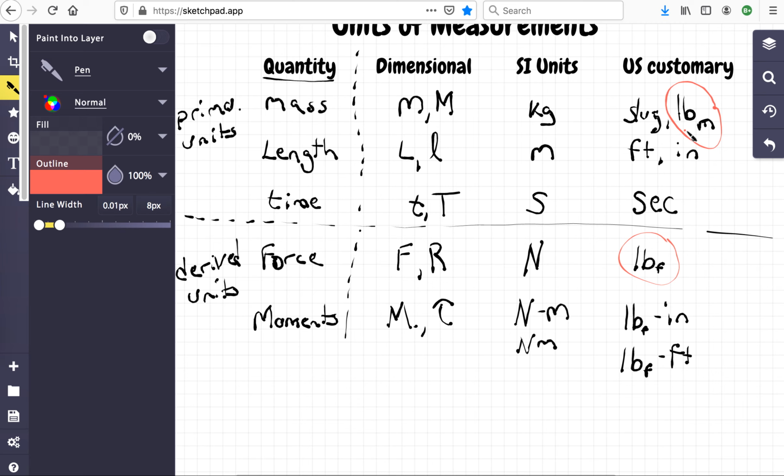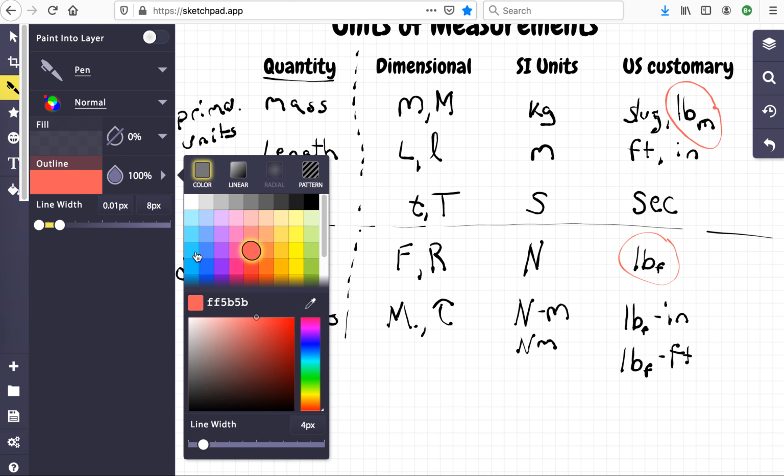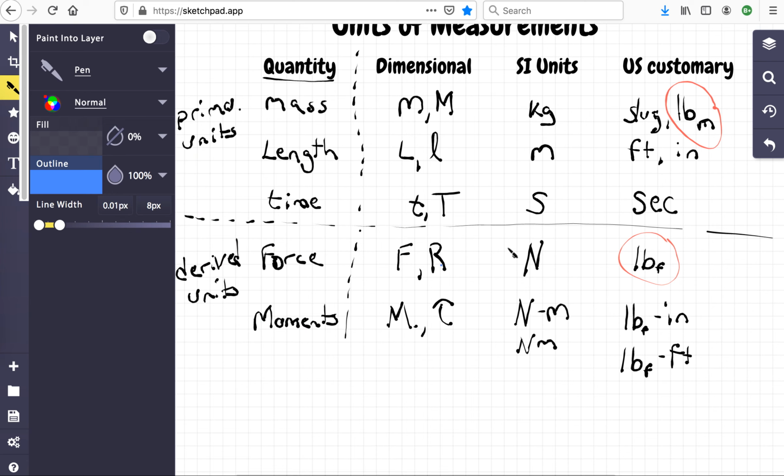Don't confuse them, they are different. When it's asking for a force, here are the units you use. You would use a Newton or a pound force. If you were asking for a mass, you would use a kilogram, a slug, or pound mass.